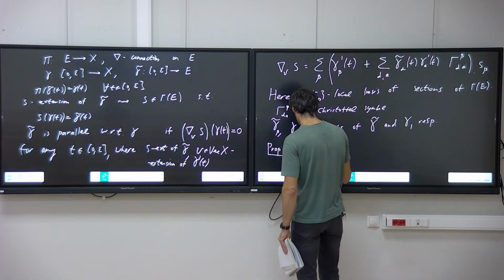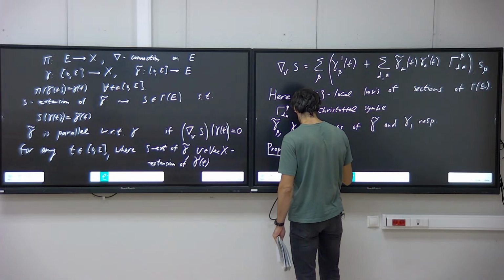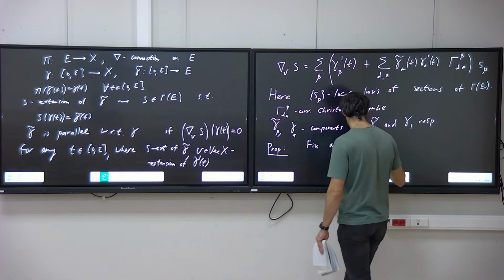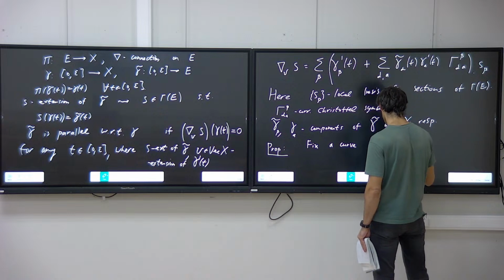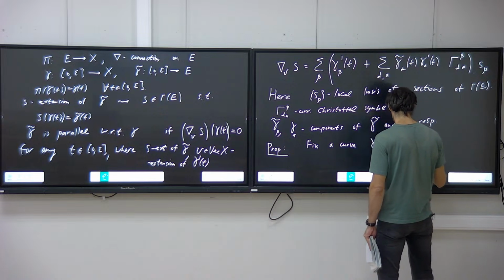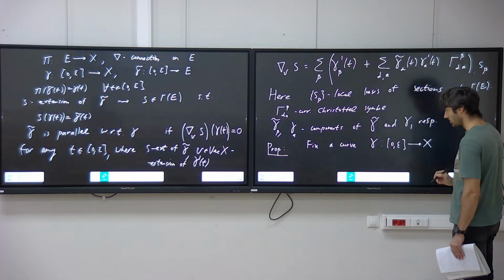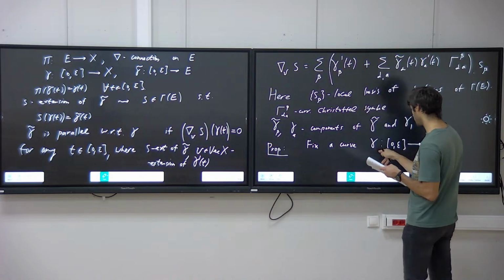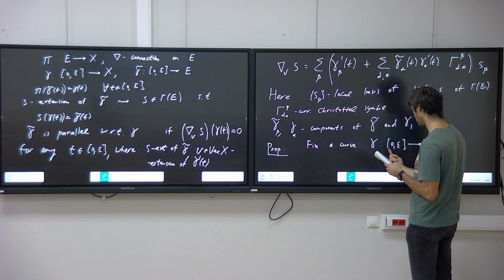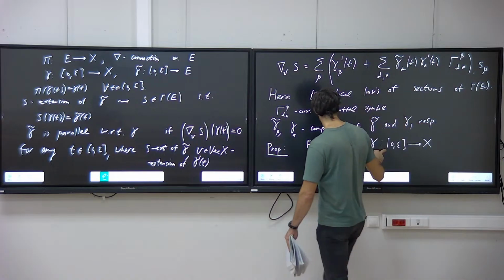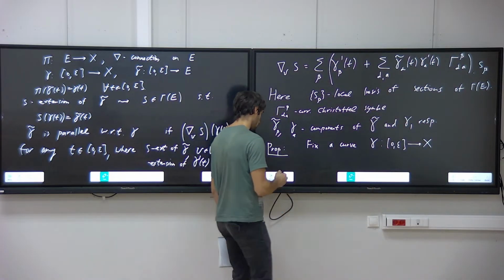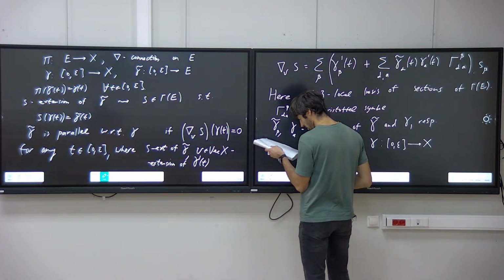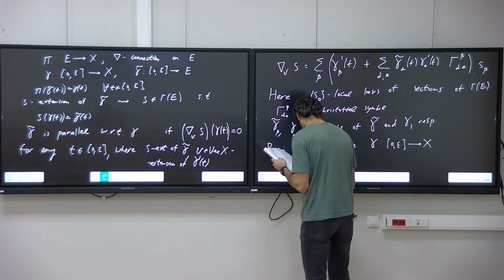Well, which says, okay, so if I fix my curve gamma in the base, and I fix a point at the initial point of this curve, let's denote it as v0.